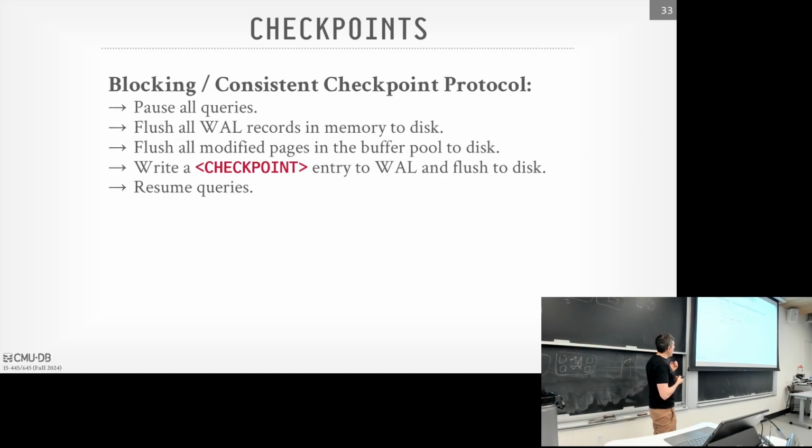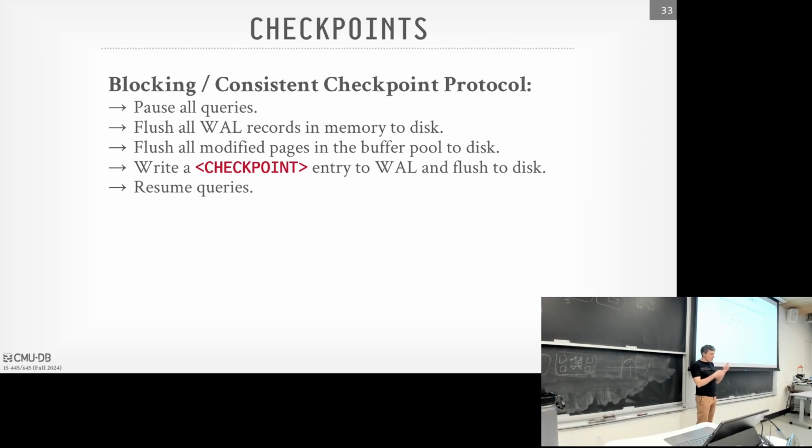So I'm going to show a naive checkpointing scheme today, and how we incorporate this in the write-ahead log. We'll see why it has problems, and then next class we'll see how to actually do a more efficient one that everyone really does. So a naive checkpointing scheme would be blocking or consistent checkpoints, and basically every so often you're going to say, all right, I'm going to take a checkpoint, and you pause all transactions, pause all queries.